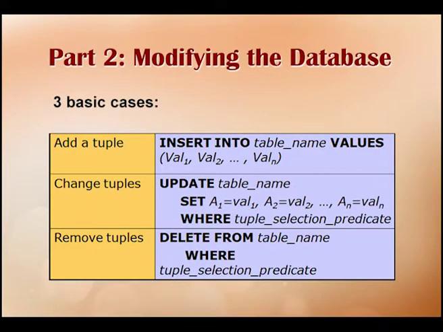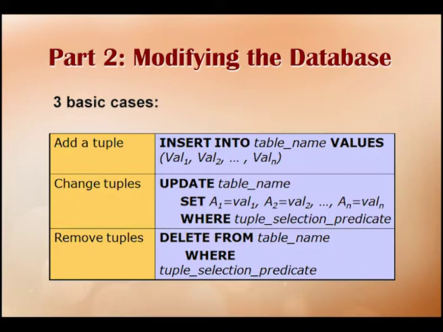Let us see another thing called modifying the database. Suppose you want to add a tuple: insert into table name the values. This command is used to create a record, to create the values in the table against the columns.